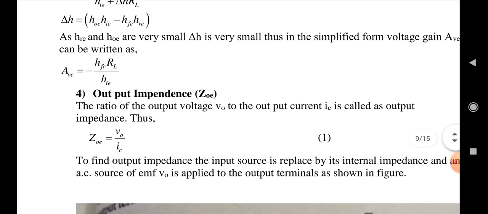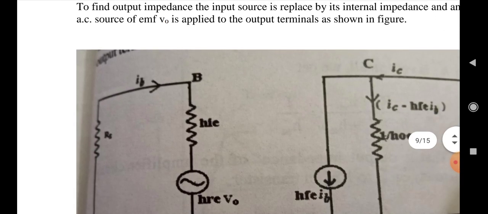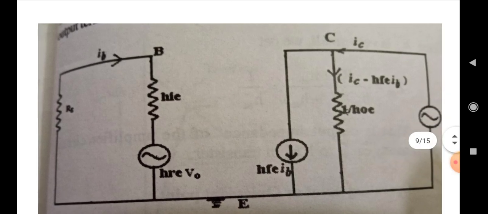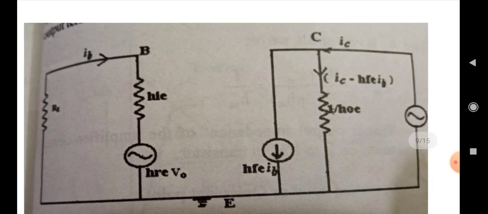To find out the output impedance, the input source is replaced by its internal impedance and an AC source of EMF V_o is applied to the output terminals, means output voltage. Already internal impedance is calculated, 1 upon h_oe.